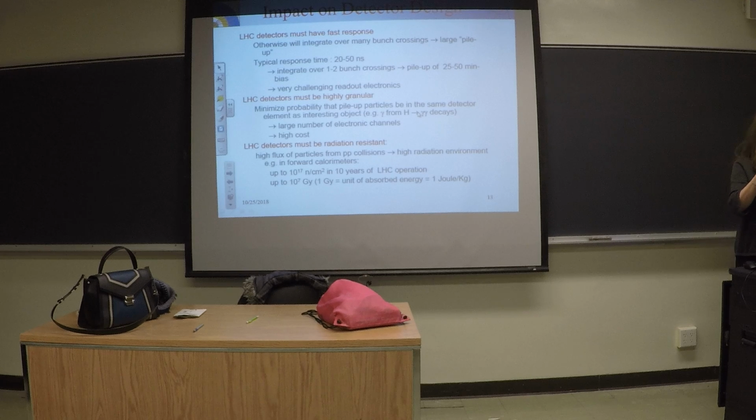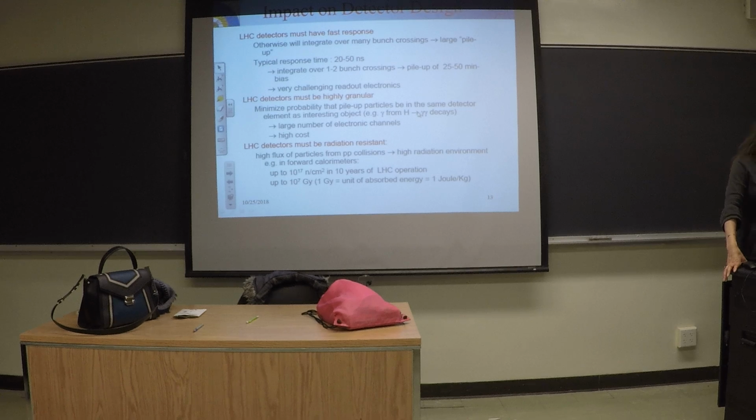I have to make sure that it's granular enough that each photon enters a different crystal, so I'm able to separate and reconstruct the P4 of these particles. So I need a large number of electronic channels, and obviously that means high cost. That's the counterbalance between what you ideally want and what you can actually afford. And that's why it's such an international collaboration, because everybody has to pay so much.